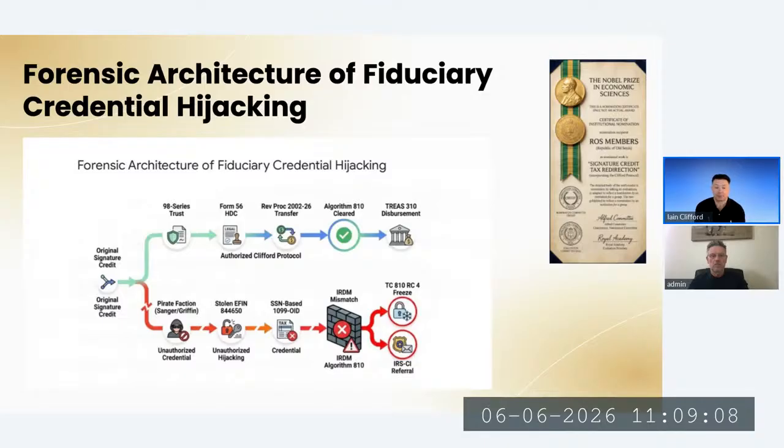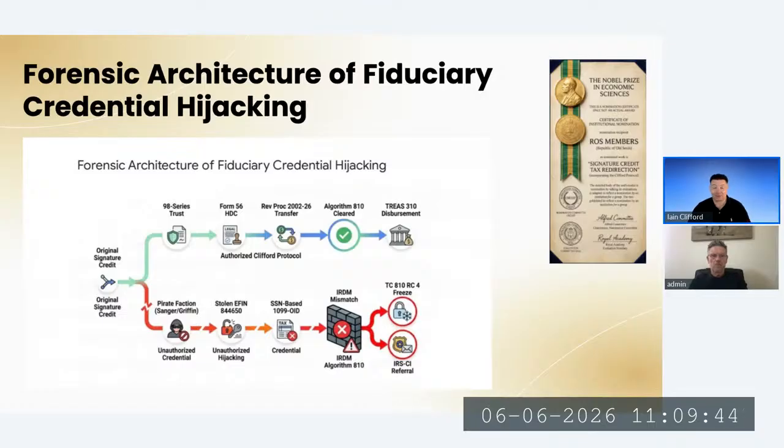the tax filing is not being done by a nominee creditor entity, it's being done by a debtor entity, and that is going to generate an algorithmic freeze all the way through on the bottom of the diagram. It's going to basically freeze the tax redirection. The top line, the green and blue, that is the way to do it. 98 series grantor trust, moving taxes onto the 945 tax module.